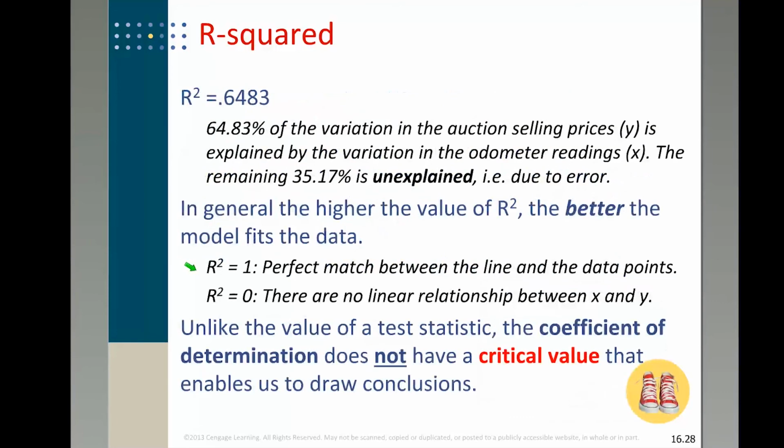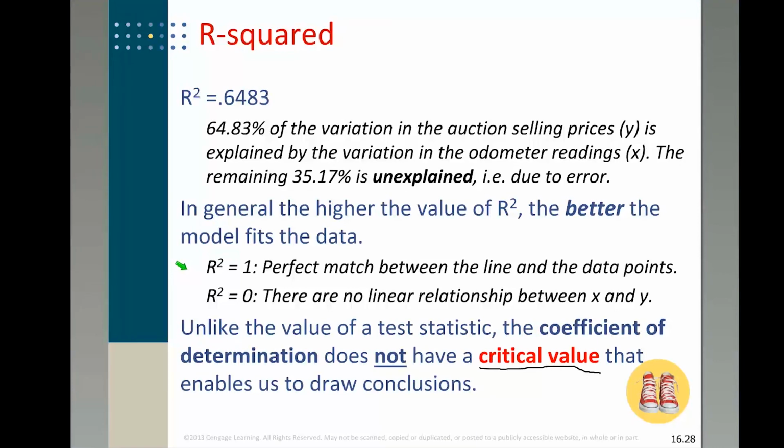So for our R-squared here, 64%, is it good or bad? Well, the downside of R-squared is that there's no critical value or threshold that will enable us to draw conclusions. We won't be able to say, oh, R-squared higher than this is good, R-squared lower than that is bad. The only thing we can say is the higher the R-squared, the better.